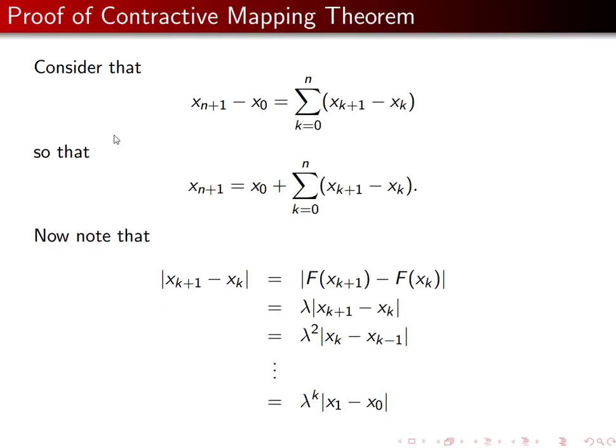Alright, so let's prove this. Let's start out and consider x_{n+1} minus x_0. We can realize this difference as a telescoping sum from k equals 0 to n of x_{k+1} minus x_k.